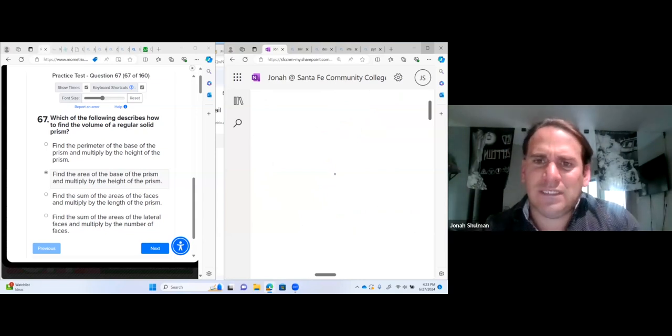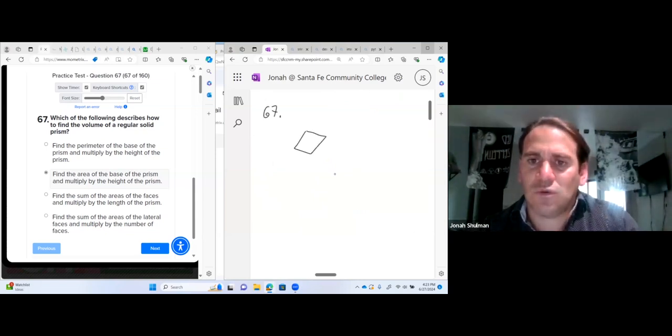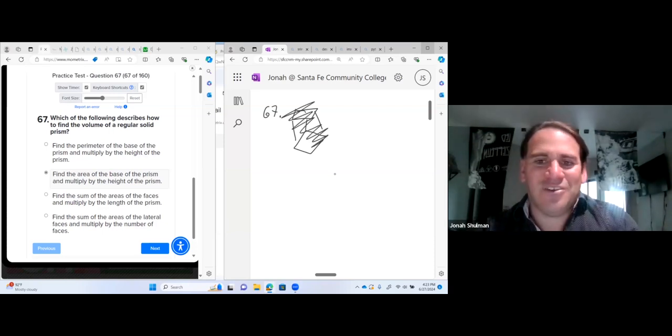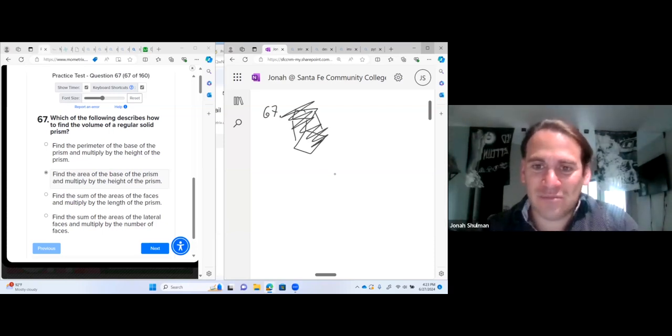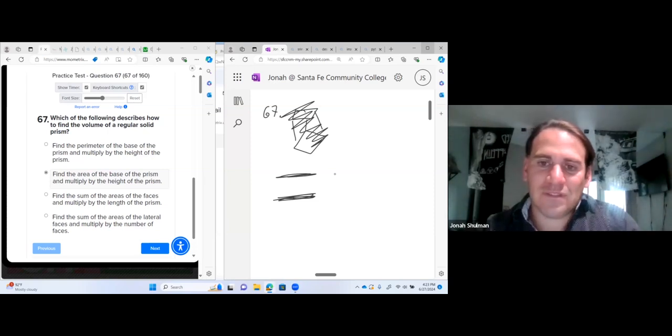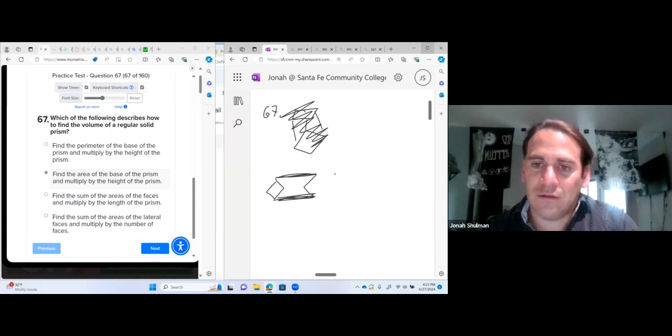And if you really want to see that one for 67, it doesn't matter what shape the bottom is, like a square, and then there's a shape on top that's a square. So if you have a prism, it just means a flat bottom and a flat top. It doesn't matter if it is square, right?